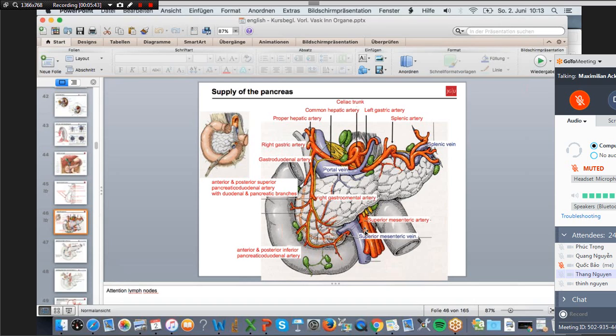The portal vein is encircled by the superior mesenteric artery, and you see the inferior pancreatic duodenal artery, which builds up this loop, and just above the pancreas itself you find the celiac trunk. So this is really a close relationship. We talk about maybe 4 to 5 centimeters, which is really nothing in terms of dimensions. It's very close, and it could happen that you have some irritations there.